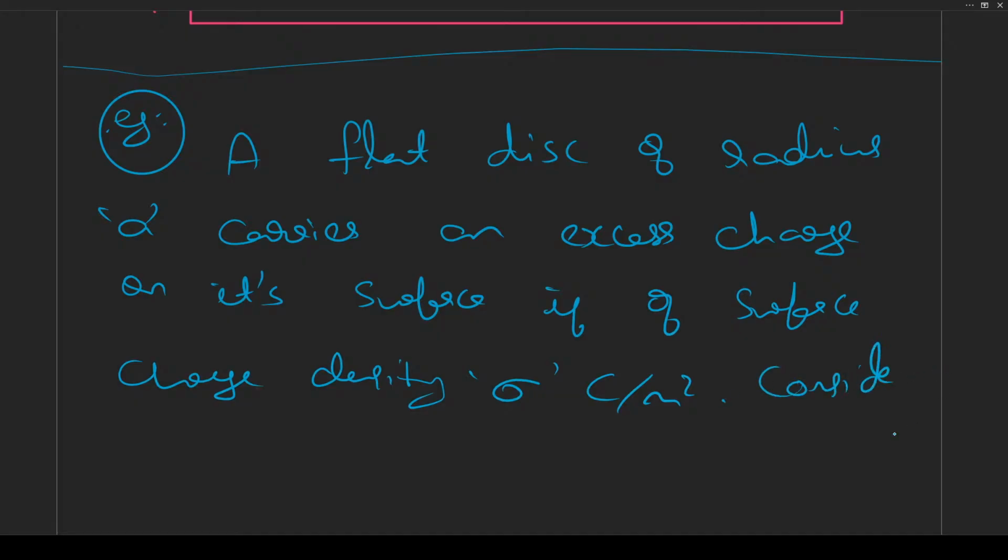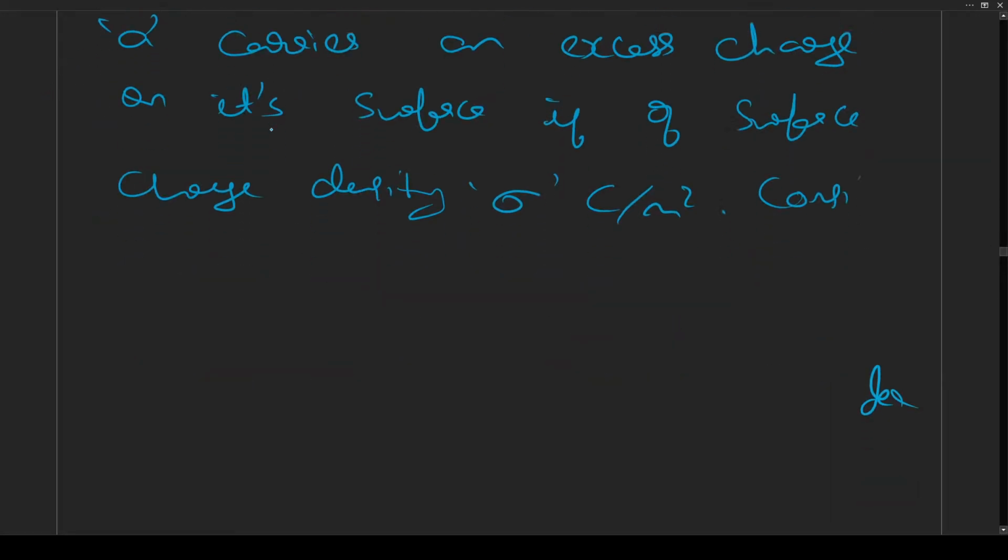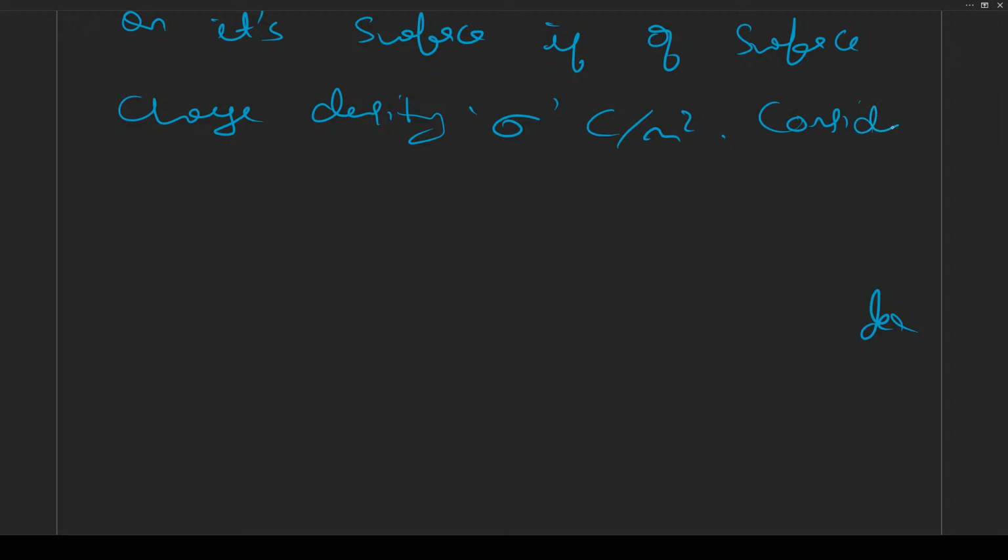Consider the disk is rotated around the axis passing through its center and perpendicular to its plane with an angular speed omega radian per second.